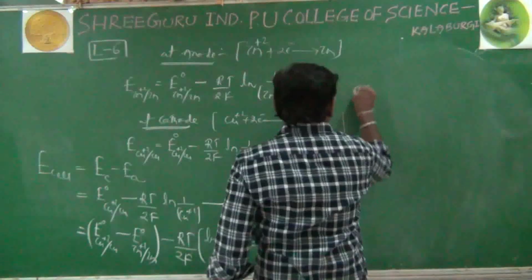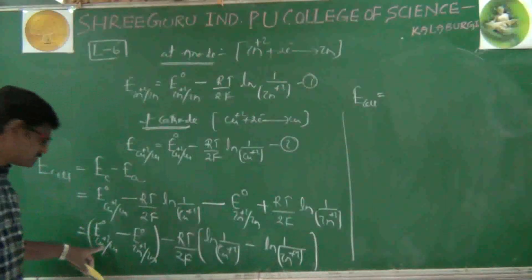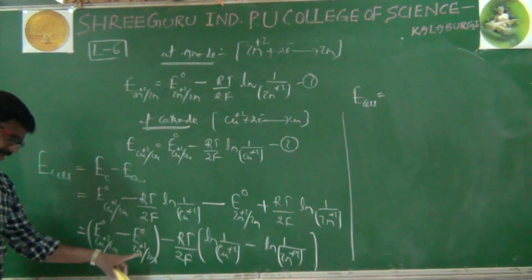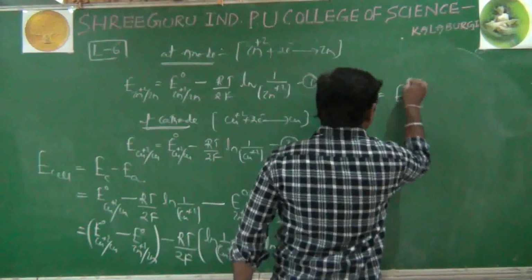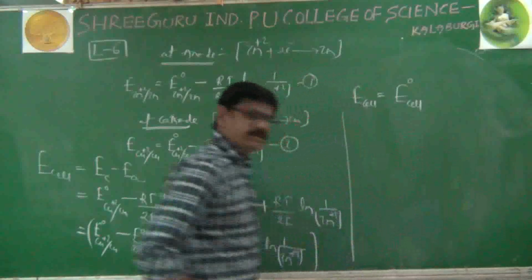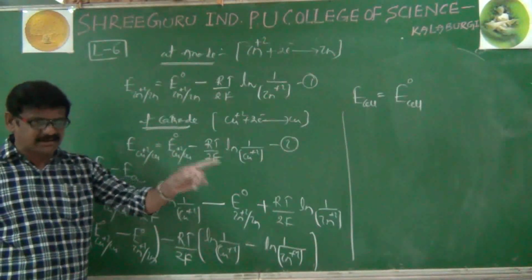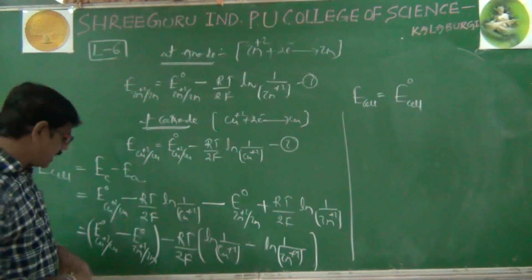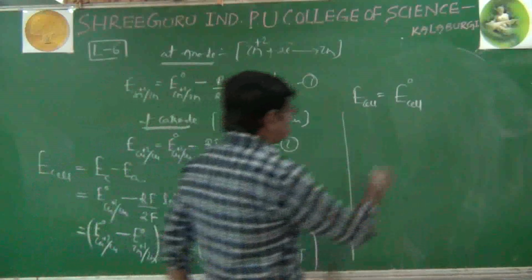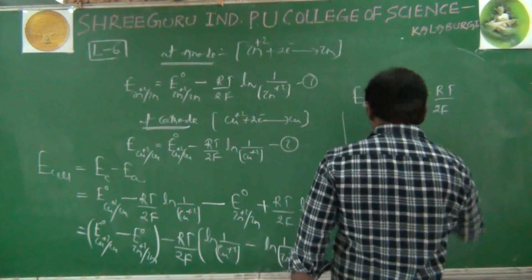That is E cell. E cell equals, see here, E⁰ cathode minus E⁰ anode, which is nothing but E⁰ cell. We can write E⁰ cell, because E⁰ cell is E⁰ cathode minus E⁰ anode, or E⁰ right minus E⁰ left. Then minus RT divided by 2F.